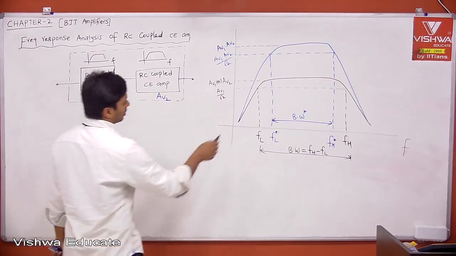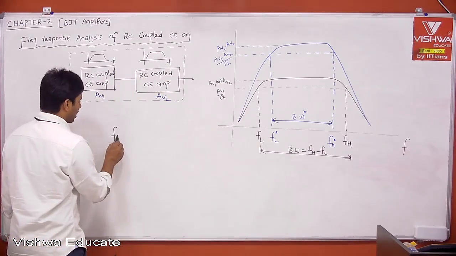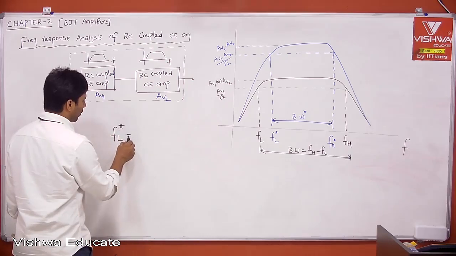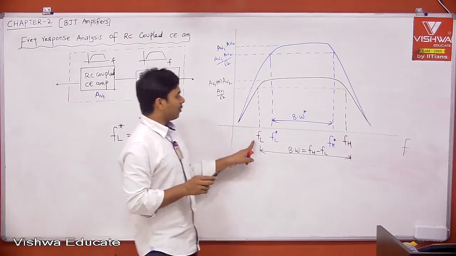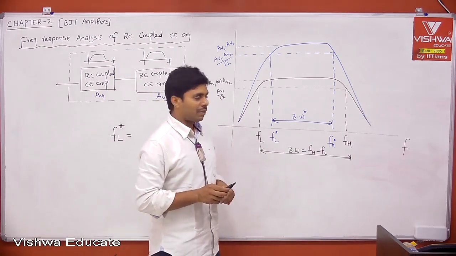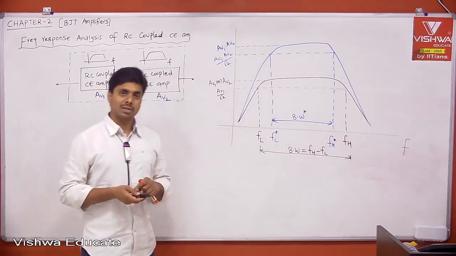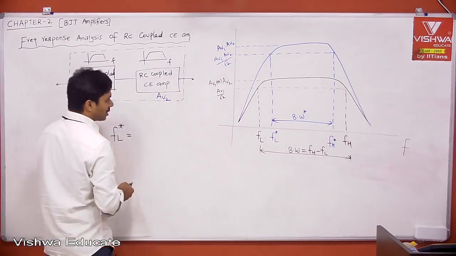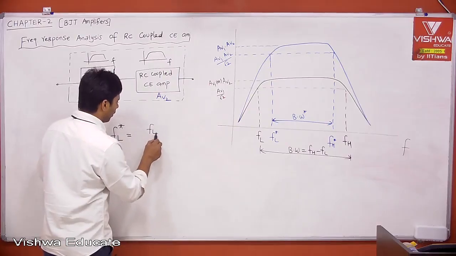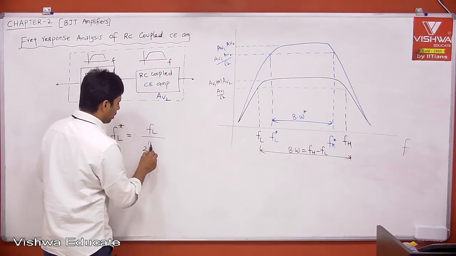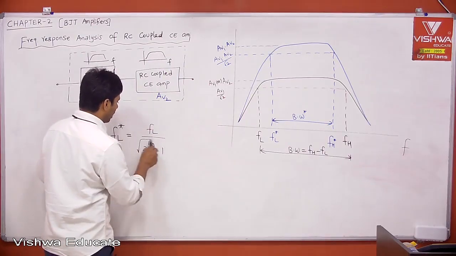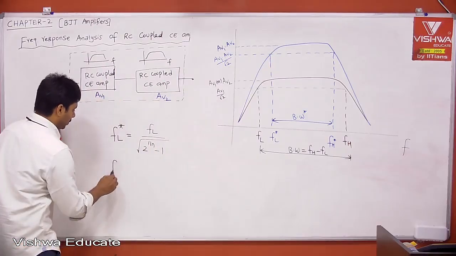Now if you ask what FL star is, FL star is increasing with respect to FL. There are problems where FL and FH values are given, asking for FL star and FH star for two or three stages. FL star is equal to FL divided by 2 to the power of 1 by n minus 1, where n is the number of stages.